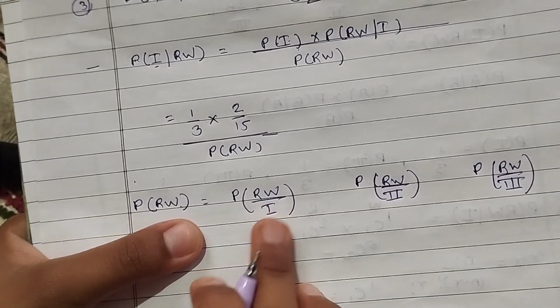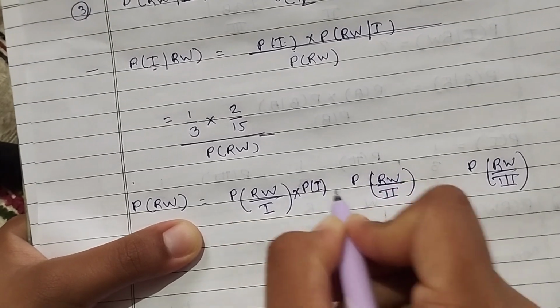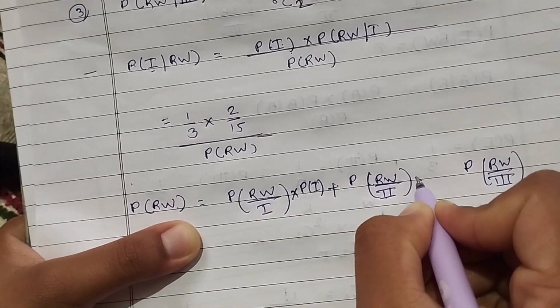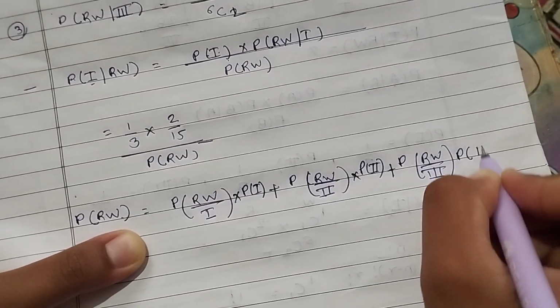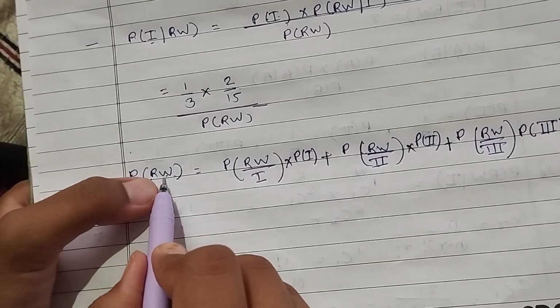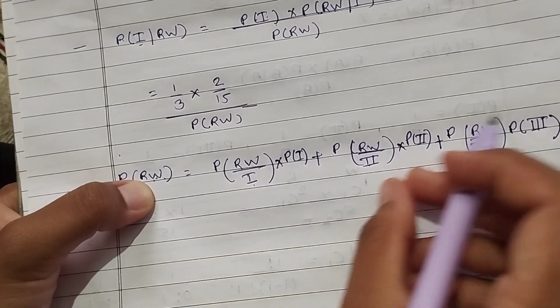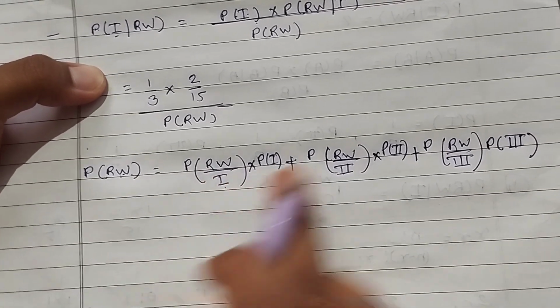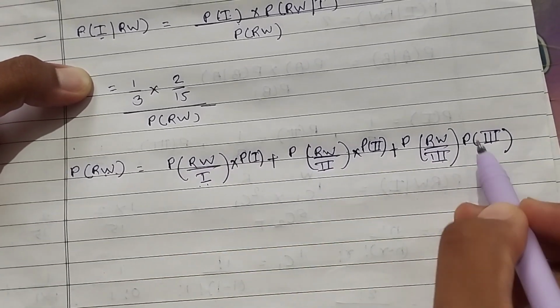Now, with respect to RW? First. So write probability of first plus probability of second plus probability of third. We want to find out probability of RW, then this always comes in the denominator, and with respect to each entity we write one by one. So we write RW first, RW second, RW third, into probability of first, probability of second, probability of third.